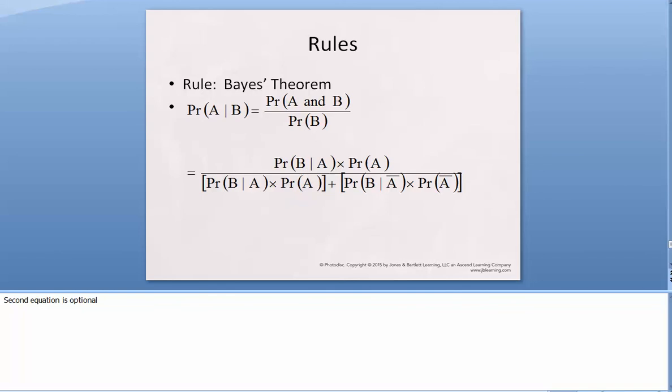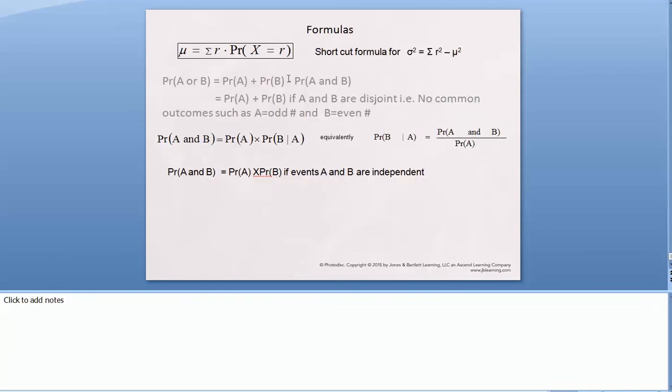Now, what I did in this last slide is put together the formulas that you need. Here's the mean, here's the sigma variance, here's the or event probability formula, and here are the and event probability formulas, and if the events are independent, you can multiply them together. This will be pretty handy for the exam.